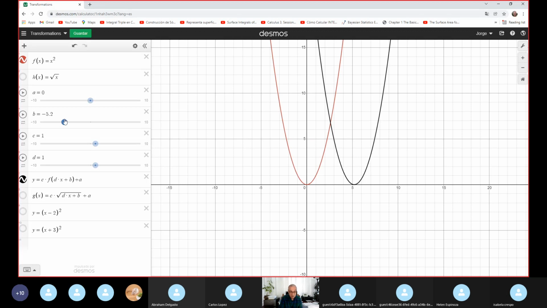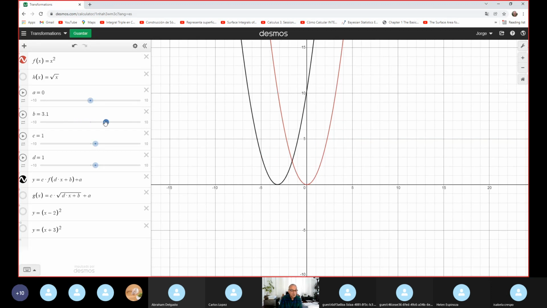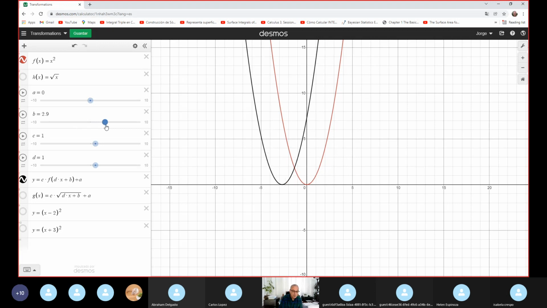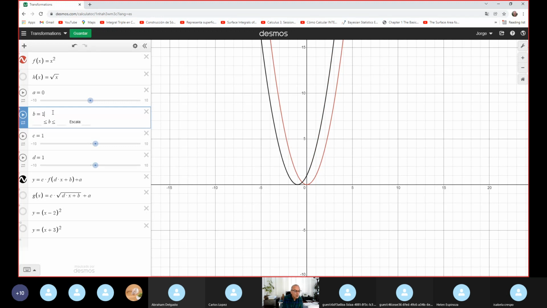So when this situation happens, it's opposite. Plus is subtraction. Negative is addition. Okay. Do you see? What is the name of this transformation? Well, the name is horizontal shift, to the right or to the left. When it's negative, to the right. When it's positive, it's to the left. Everyone follow me? Yes. Super.